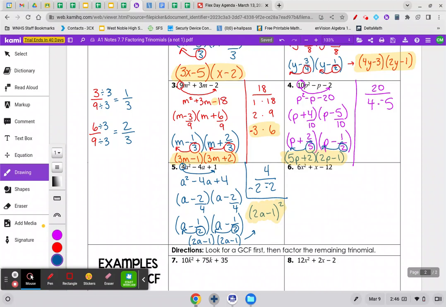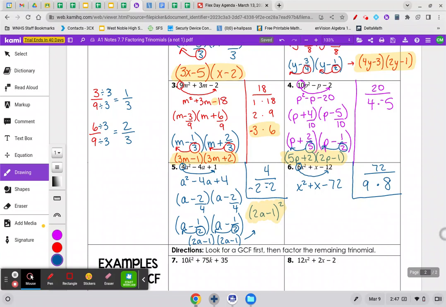Question 6 then. I multiply the 6 back, I get x squared plus x minus 72. The factors of 72 that I'm going to use, there are a bunch of them, but the factors of 72 that will get me positive 1 are 8 and 9.